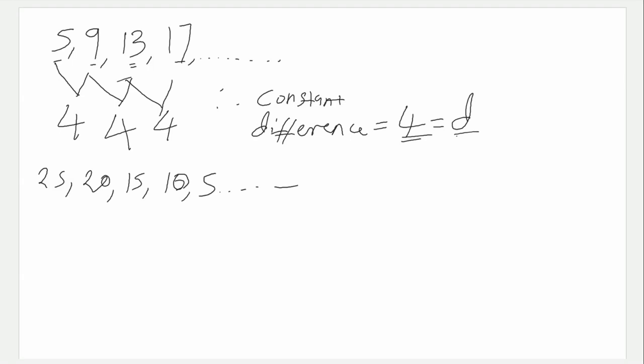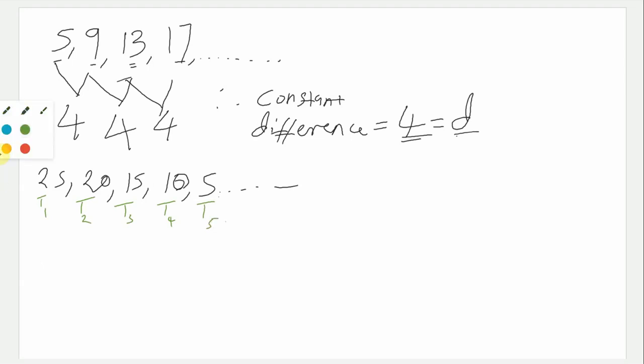Looking at this pattern, it is decreasing. This doesn't mean that when you calculate the constant difference, you must start from right to left. No, it's the same process. You start from left to right, because here you're going to have T1, T2, T3, T4, T5.